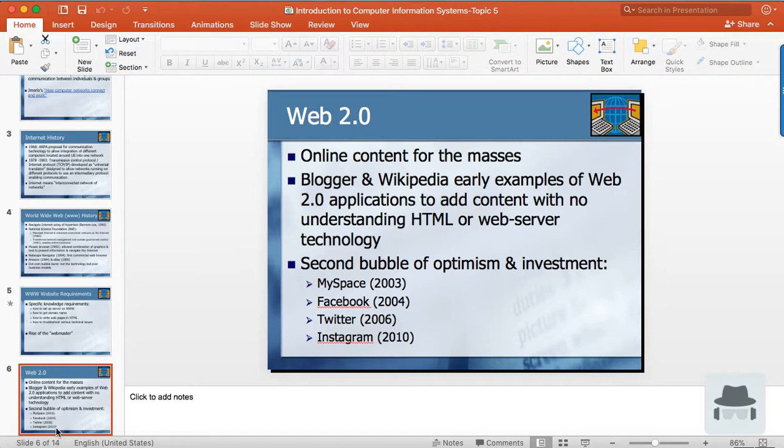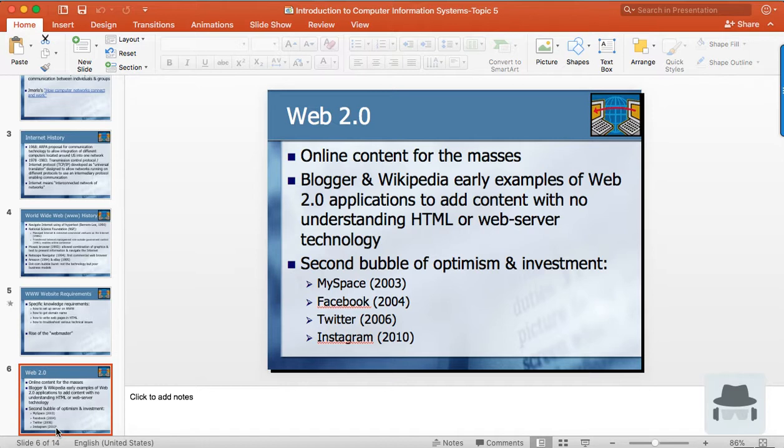And so you saw a lot of additional content, additional utilizations of things we see now, like blogging, which was part of Web 2.0, the ability to easily capture content and publish it for access.